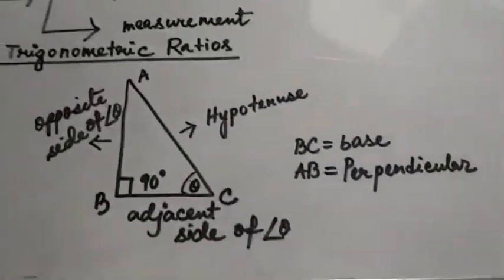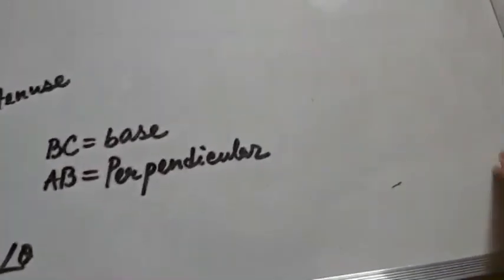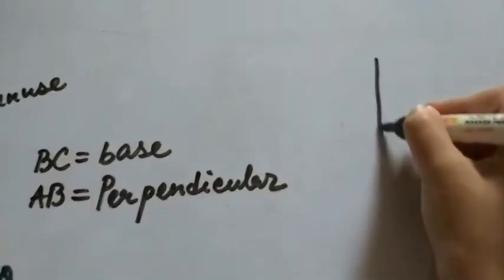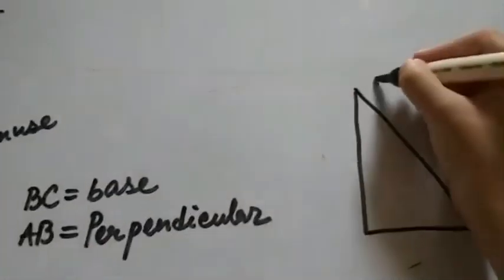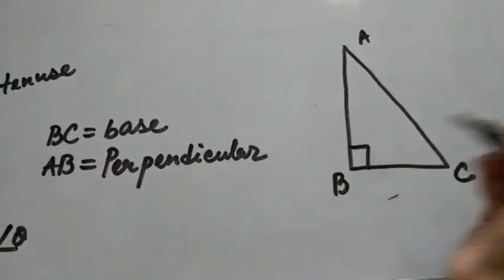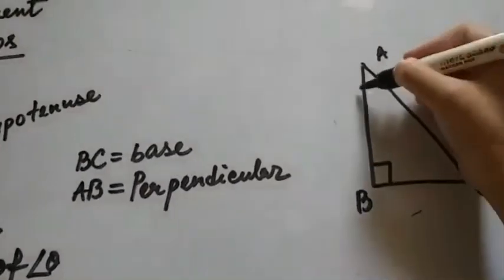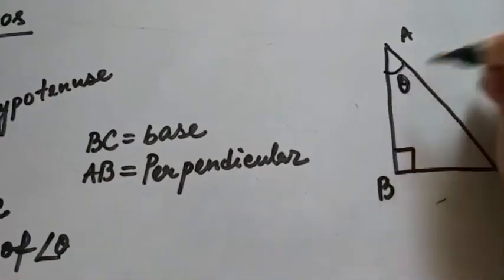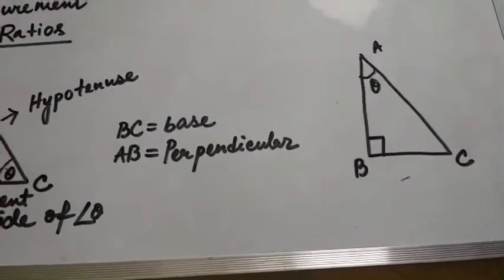Now if I draw this right angle triangle in this way, I am showing another figure. Let us denote the name ABC. Angle B is always 90 degrees, right? Now I am denoting angle A as theta. That is the change. So what will be the changes?